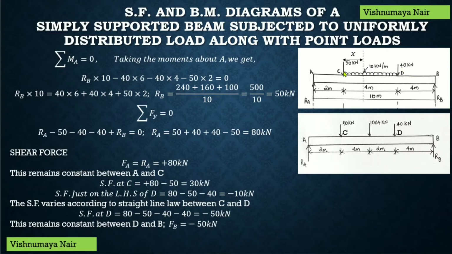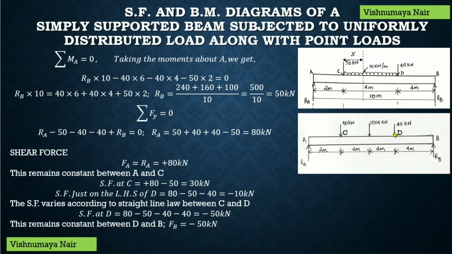And we know that the shear force varies according to straight line law for a uniformly distributed load. We saw this in the previous video. Therefore, just on the LHS of D, that is just before adding this 40 kilonewton, the value of shear force is minus 10 kilonewton.